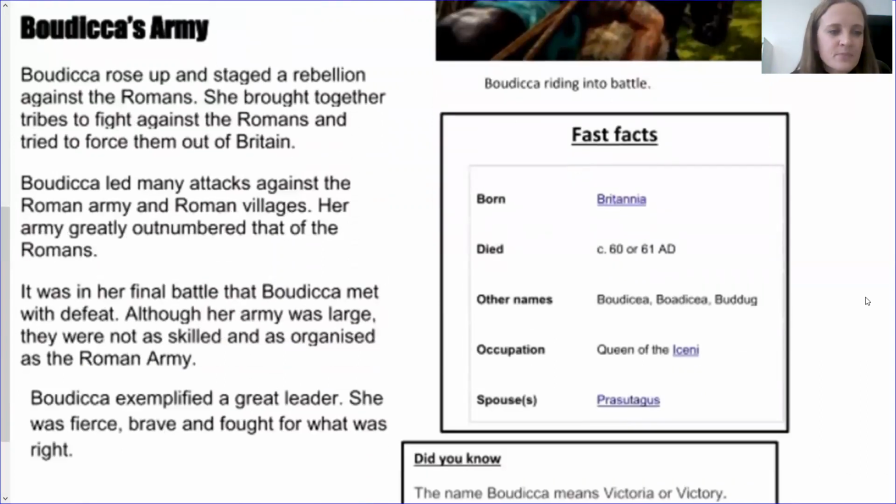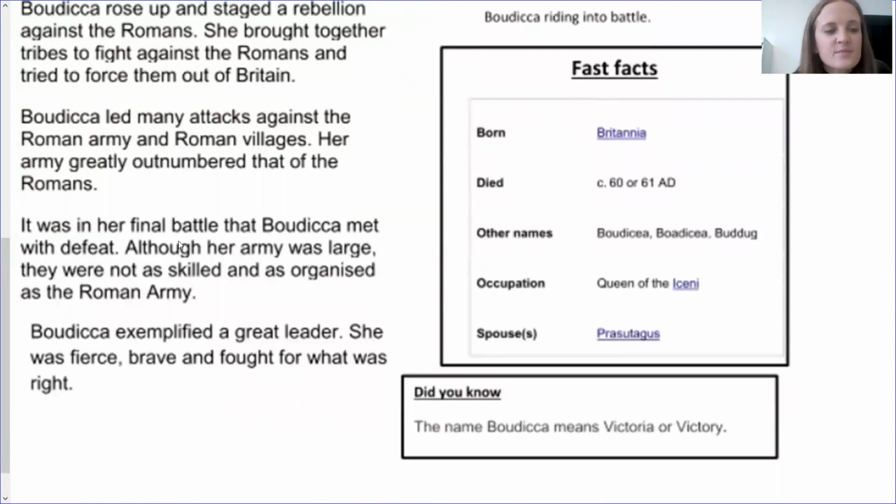Boudica's army. Boudica rose up and staged a rebellion against the Romans. She brought together tribes to fight the Romans and tried to force them out of Britain. Boudica led many attacks against the Roman army and Roman villages. Her army greatly outnumbered that of the Romans.